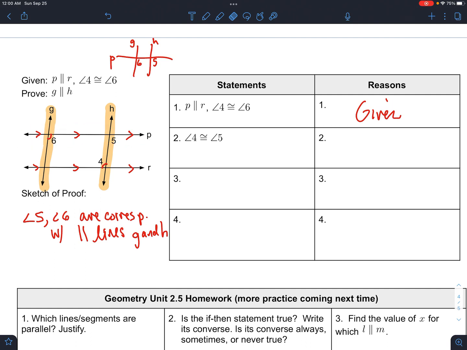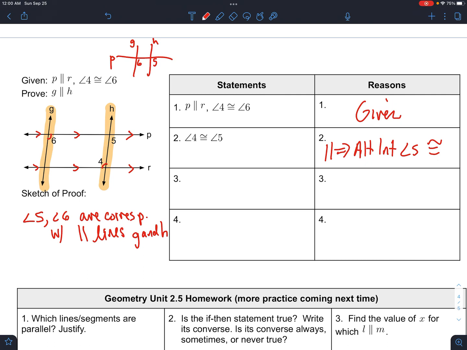And that's true because these are parallel, meaning that 5 and 4 are congruent because we know that parallel lines imply alternate interior angles to be congruent. P and R being parallel tells us that.